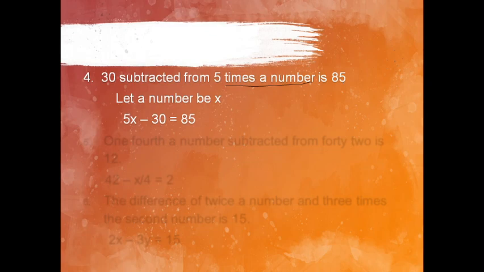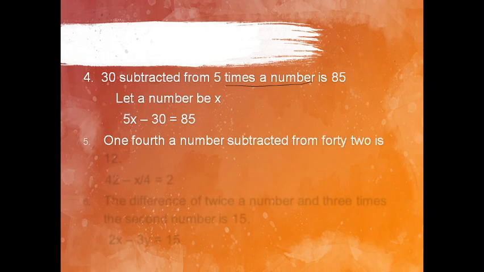Then the next statement is given: 1/4 of a number subtracted from 42 is 12. 1/4 of a number means 1 by 4 of a number. That number we will take as x, so 1/4 of x can be written as x by 4, because 1 into x will be x, so that is x by 4.